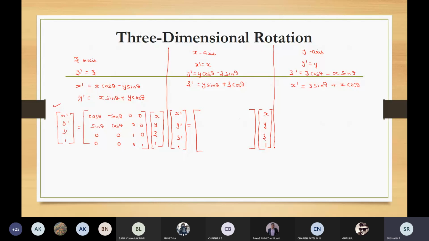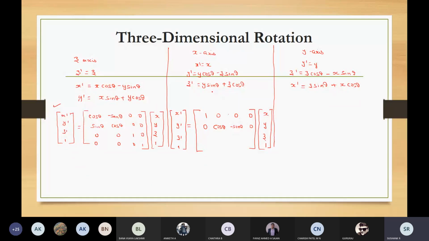First I need x dash is equal to x, so this will be 1. The other factors will be 0, 0, 0. In the second term, it should be y cos theta. So the x factor will be 0. Then y into cos theta, so y cos theta is needed. So this will become cos theta, minus z into sin theta, so this will be minus sin theta. The other term will be 0.